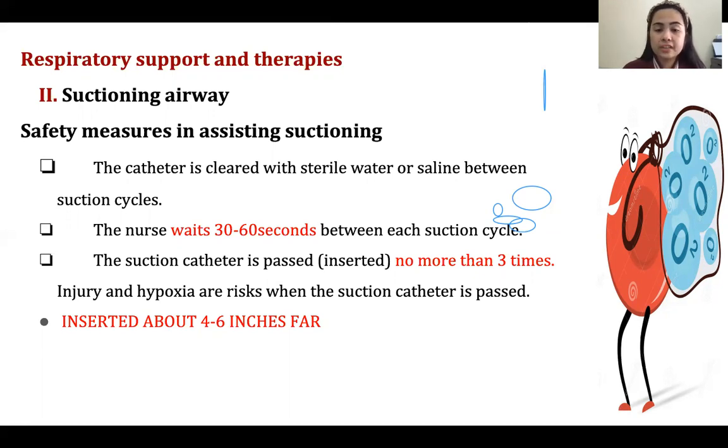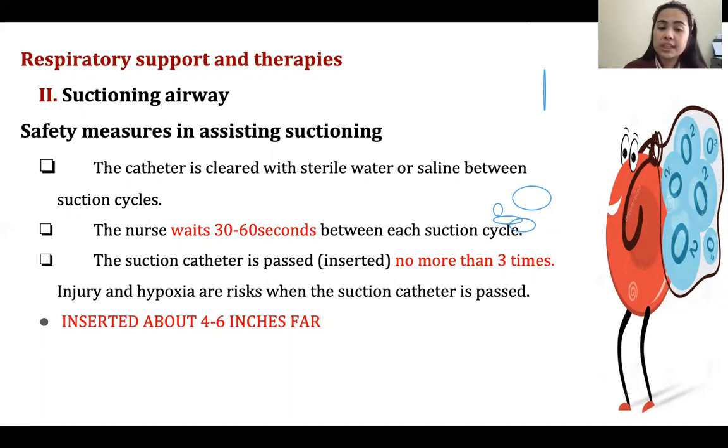Then the suction catheter is passed no more than 3 times. So 3 suctionings at a time. One, and then wait for 30 to 60 seconds. Two, wait for 30 to 60 seconds. If there are still secretions, then suction for the 3rd time. Not more than 3 times, guys.